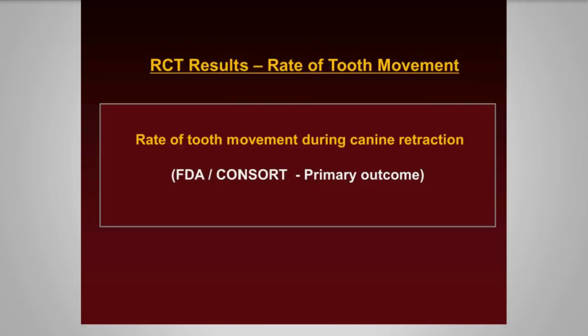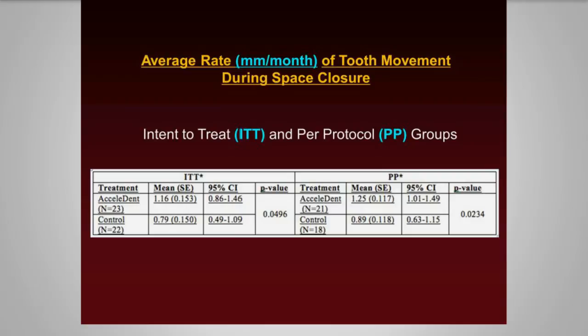Here are the results. The most important result about the rate of tooth movement that came out of the study was related to the canine retraction into the extraction space under those reproducible conditions. This is the key right here for the ITT group, comparing the Excellident and the control group, and the mean rate of retraction, which is the rate of tooth movement into the extraction space, in one versus the other.